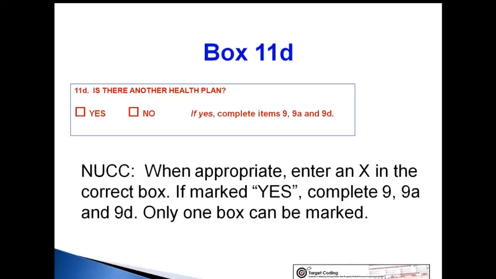Medicare, and I'm sure most other insurance carriers would agree, says that providers need to make a good faith attempt to find out from the patient if there's another insurance plan that'll pay for the services. So, is there another health plan? Yes or no? If no, move on. If yes, then you have to go and complete items 9, 9A, and 9D.